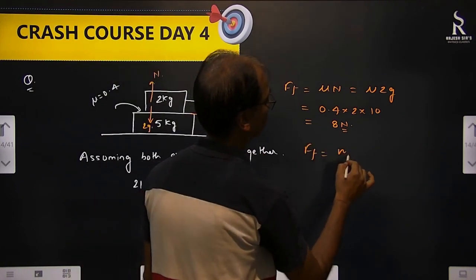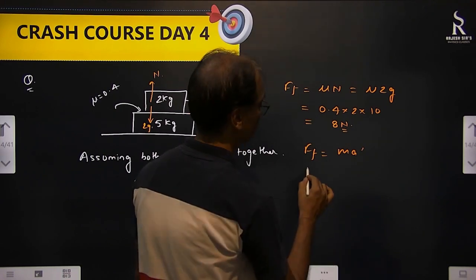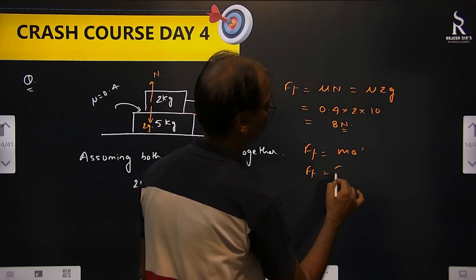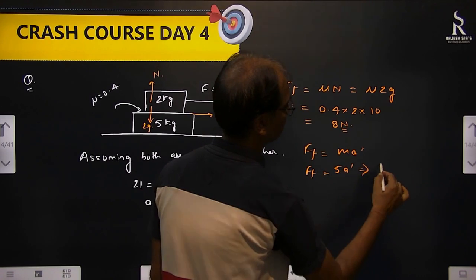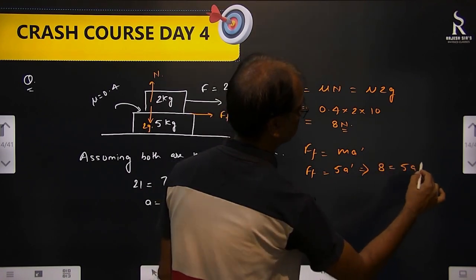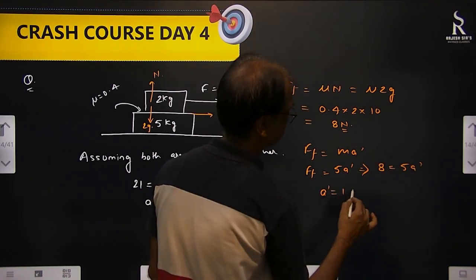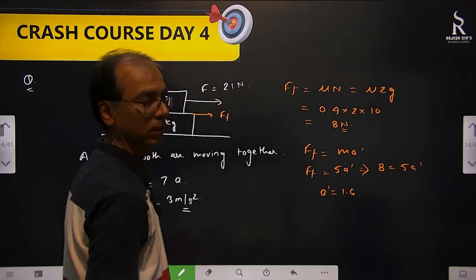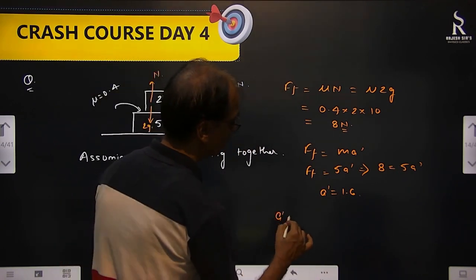Force of friction equals m into a dash. So force of friction equals 5 into a dash. That is 8 equals 5 a dash. A dash is 1.6. Okay. So now a dash is less than a.